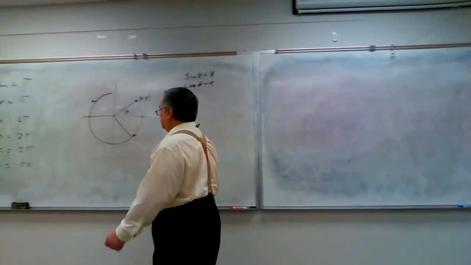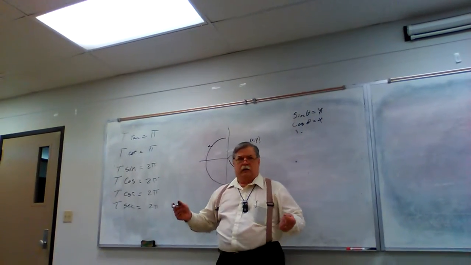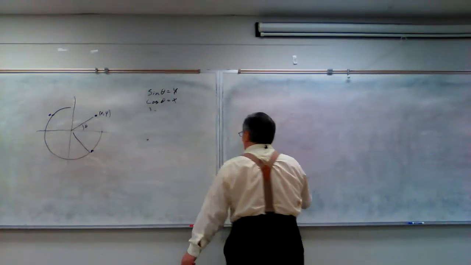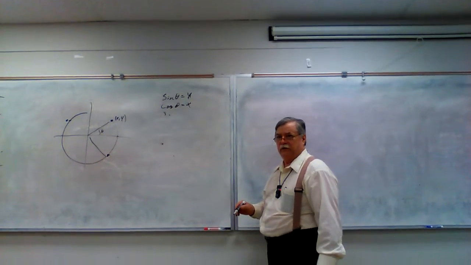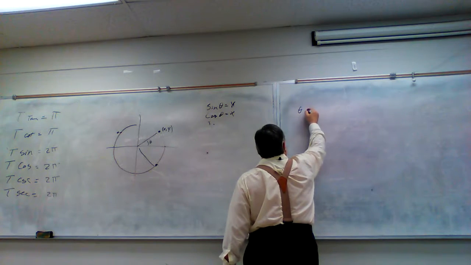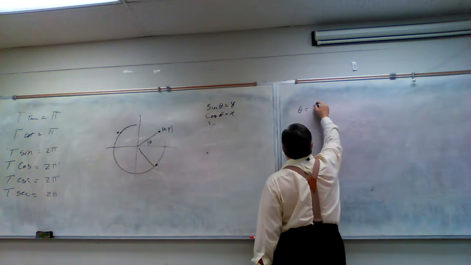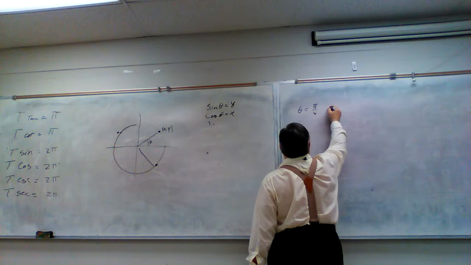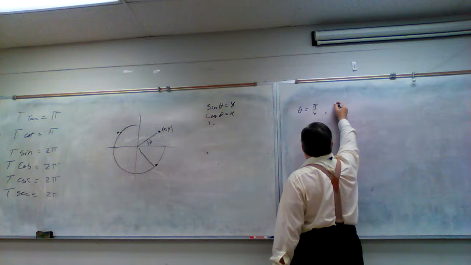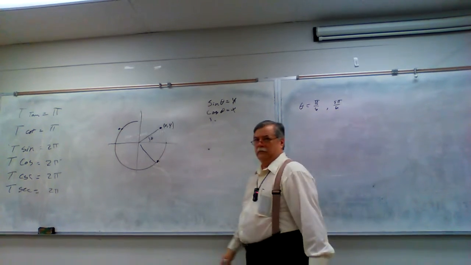Now, if the question asks you to write all of the solutions, then you're going to end up with something like theta equals pi over 6 and, I don't know, 5 pi over 6. Okay?